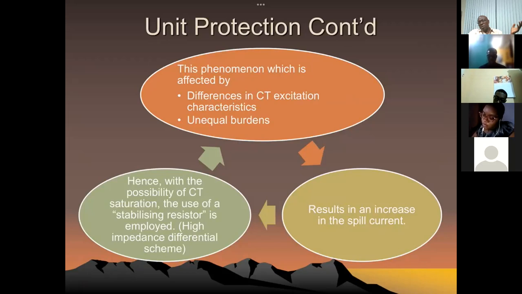Simply because the distances are different, the wiring resistance would also be different. If the wiring resistance is different, then you're going to have a difference in burden. We're talking about significant jumps in the current. So even though you may have a small difference in burden in terms of resistance, because you're now multiplying that by the square of the change in the current, that can become very significant.